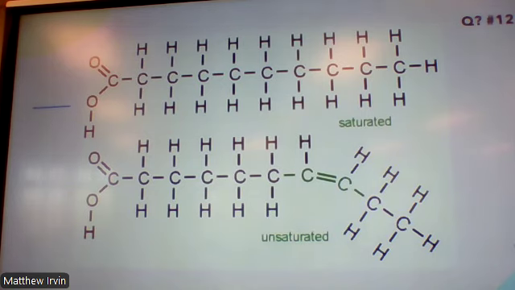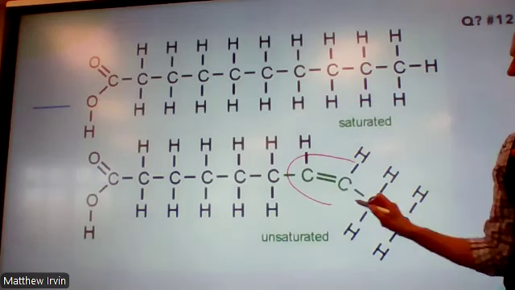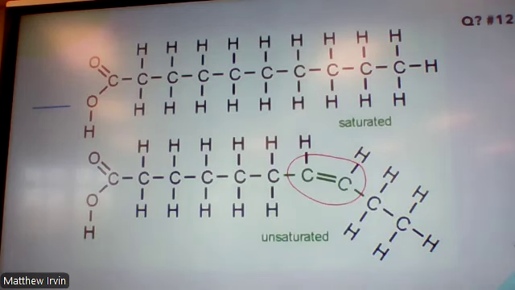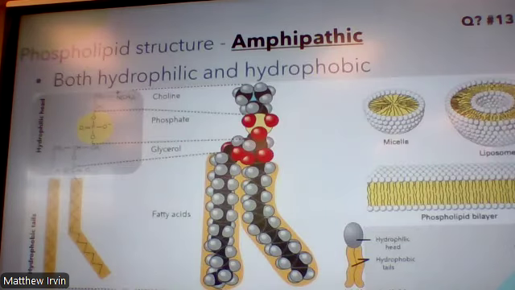Remember the difference between saturated and unsaturated fats. Unsaturated fats have that double bond, which changes the structure so they can't stack and they stay as liquids. So our unsaturated fats are oils, and saturated fats are fats. Phospholipids, these are going back.